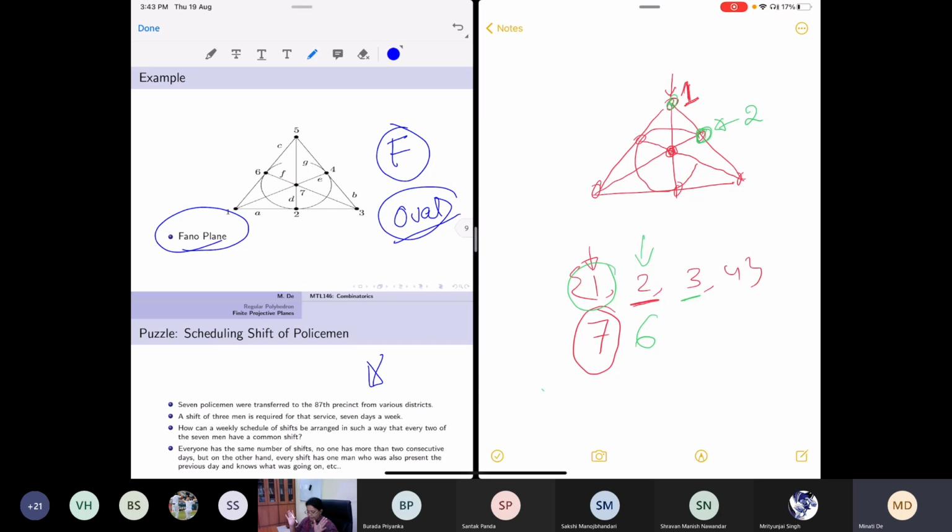And since this is a phenoplane, each line has exactly 3 points. So that third point on the line is not eligible for the third position. So I have the remaining 4 vertices which are eligible, so I have 4 options for them.